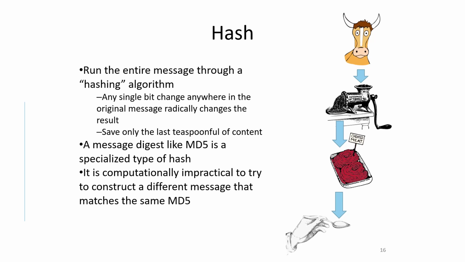Imagine that a message digest like an MD5 is like keeping just the last teaspoonful of the output when you ran this complicated mathematical set of operations on a 4 gigabyte encrypted movie.